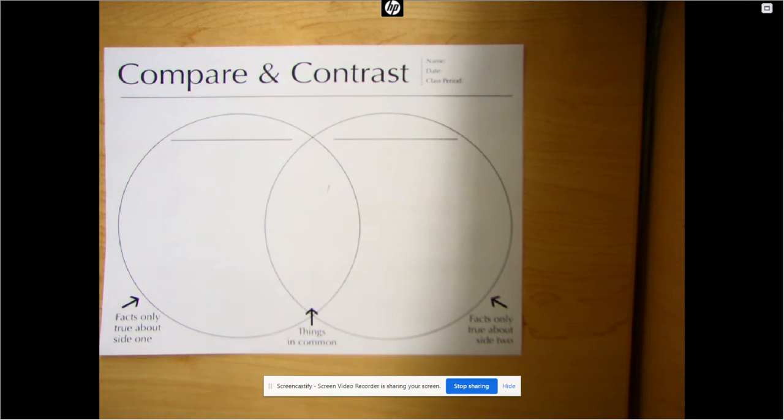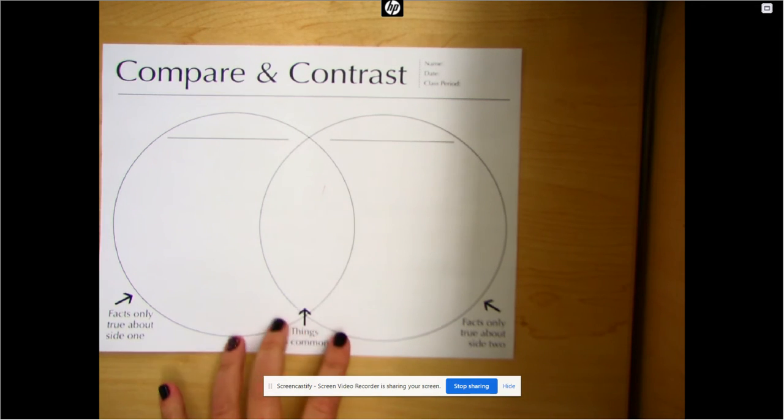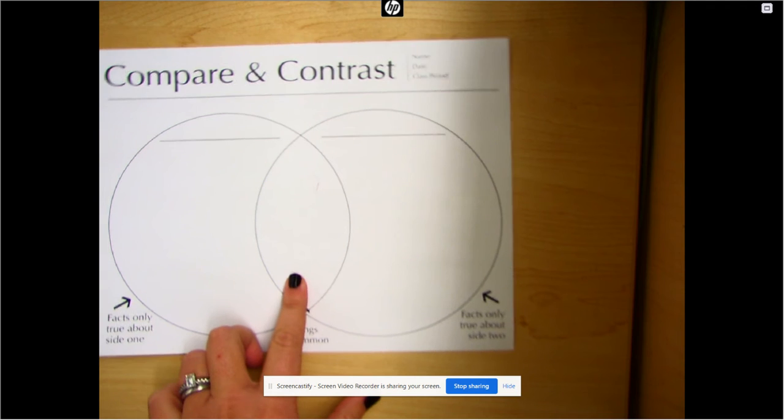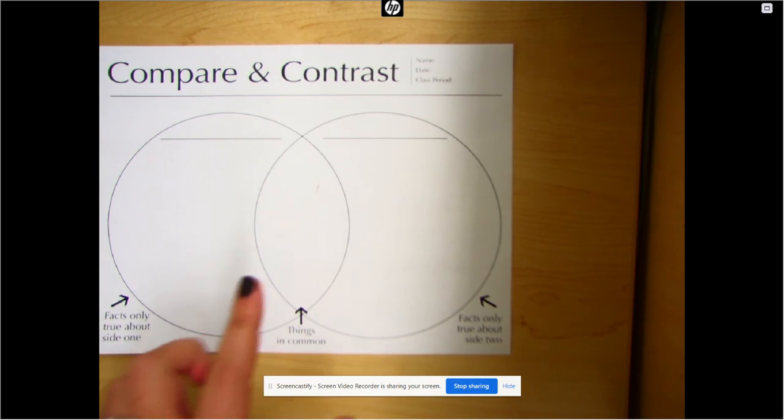You have to have the things that are true about just the one topic and then facts that are true about just the other topic. And then you have to know about things that are the same about both. So when you're brainstorming ideas of things that you could compare and contrast, make sure that they have things that are different and make sure that they have things that are the same.